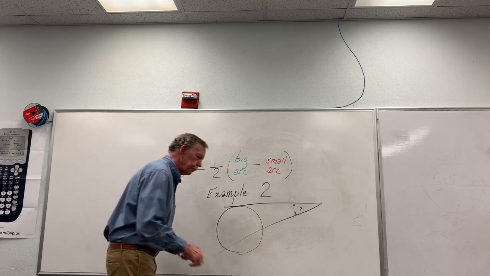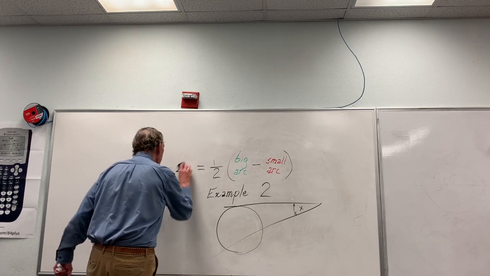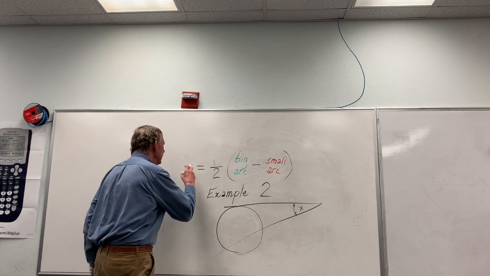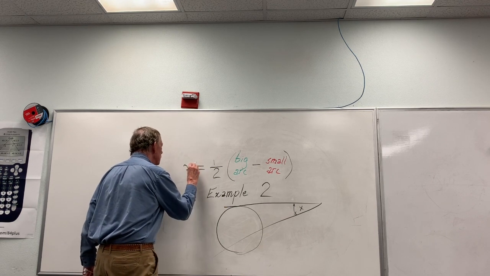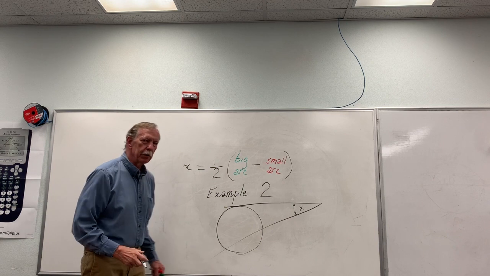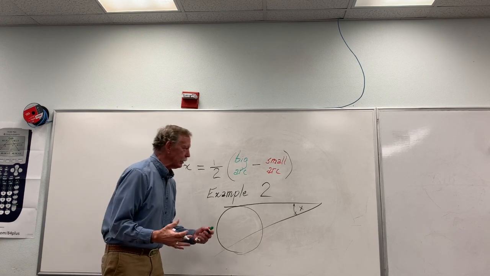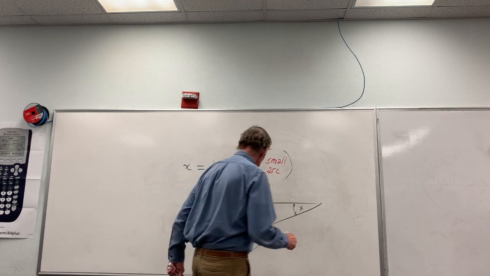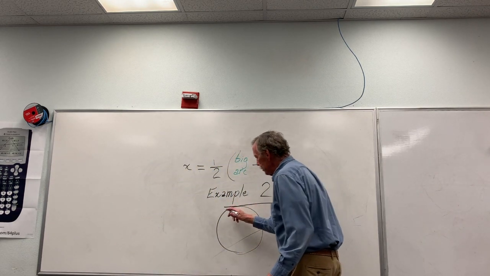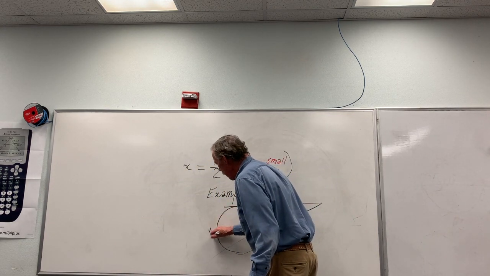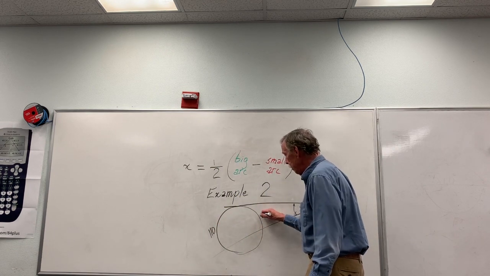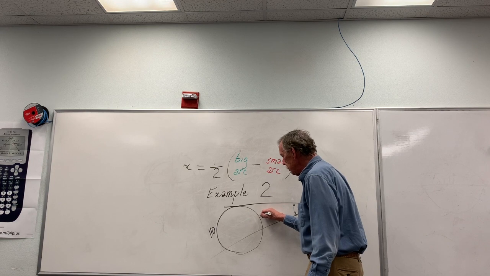So, we're going to replace the angle with the dreaded X. And now we need information. So I am going to make this arc 110, and I'm going to make this arc 70.